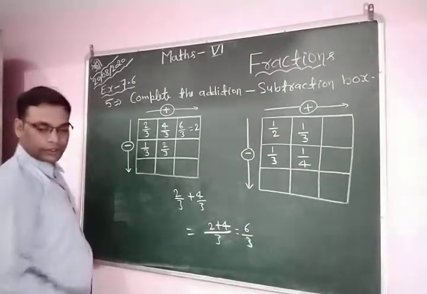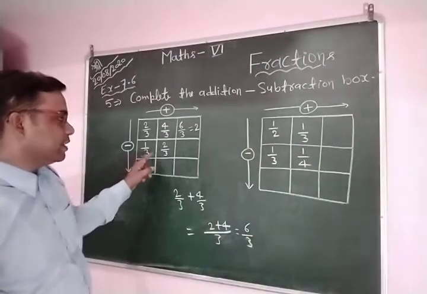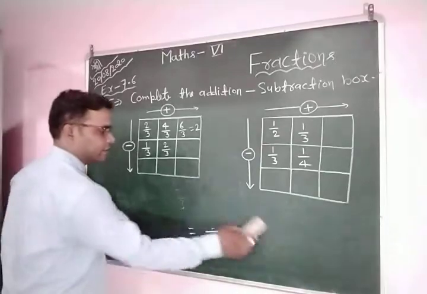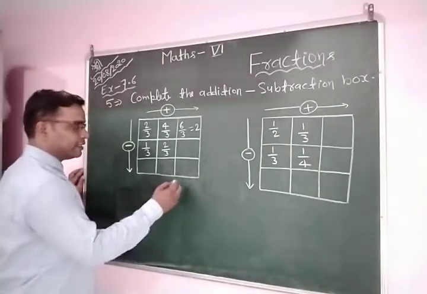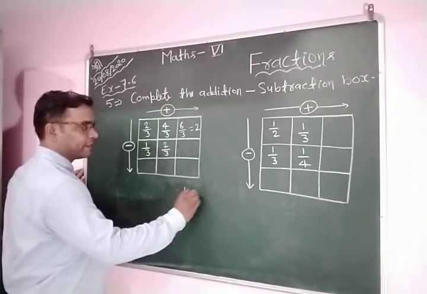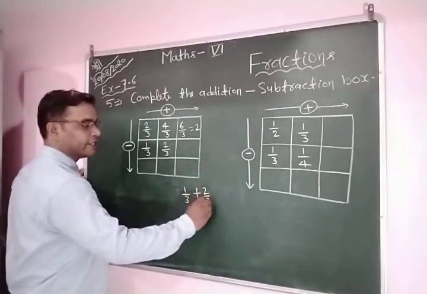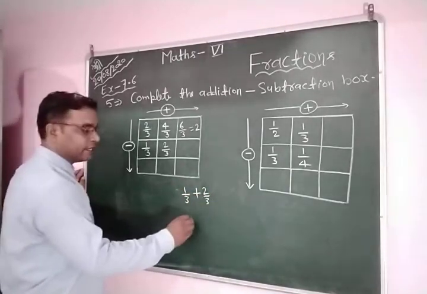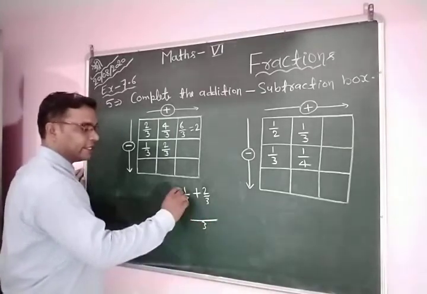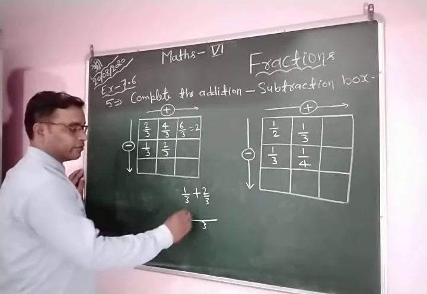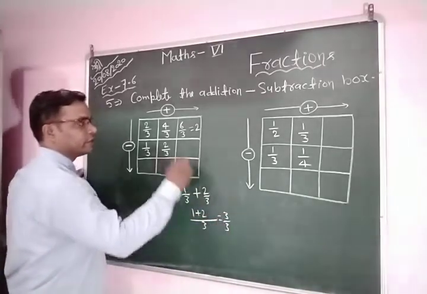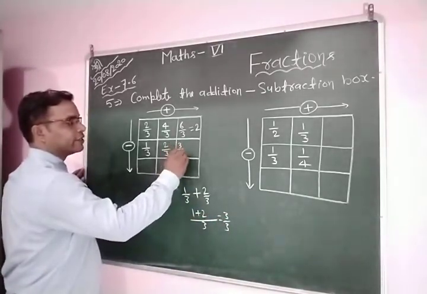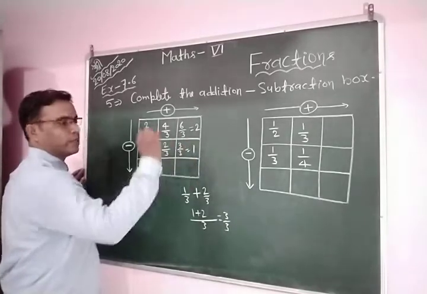So 1 by 3 plus 2 by 3, this is again like terms, and we can write 3 as the denominator and add the numerators 1 plus 2, this is equal to 3 by 3. You can write here 3 by 3 is equal to 1.